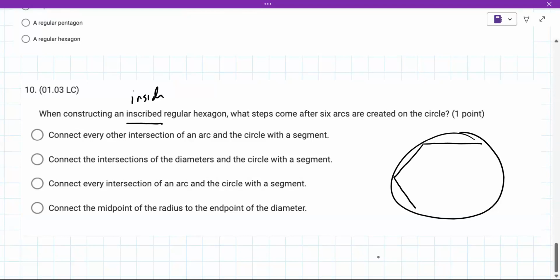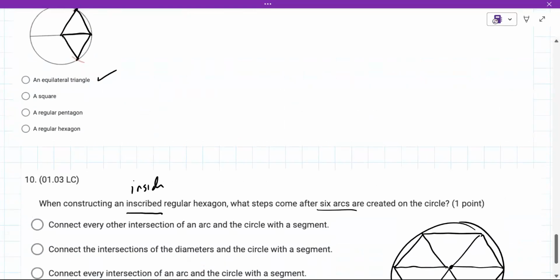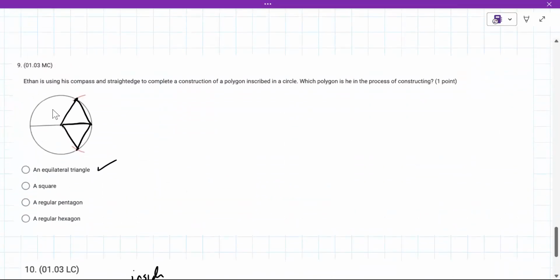So you can do this. Now, we kind of already mentioned this. There are six equilateral triangles inside a hexagon. Okay. So when constructing the six arcs, if we go back to the previous problem, what they're saying is they've made another arc and another arc down there.